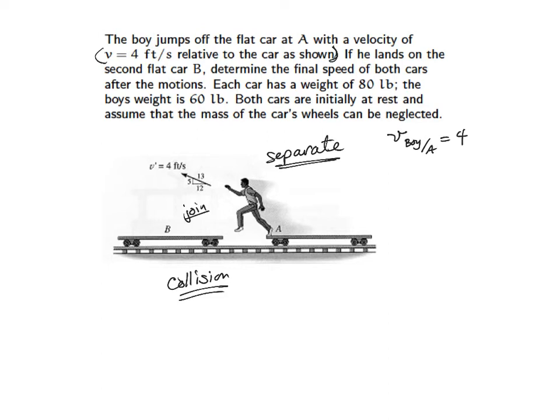The velocity of the boy is equal to the velocity of cart A plus the velocity of the boy with respect to A. I know that the velocity of the cart is 0. So the velocity of the boy has to be equal to the relative velocity. We'll end up using that a little bit later.